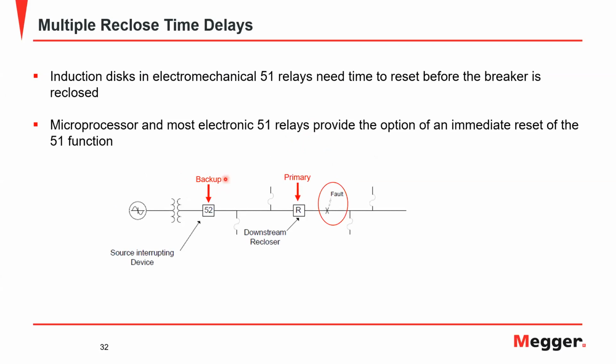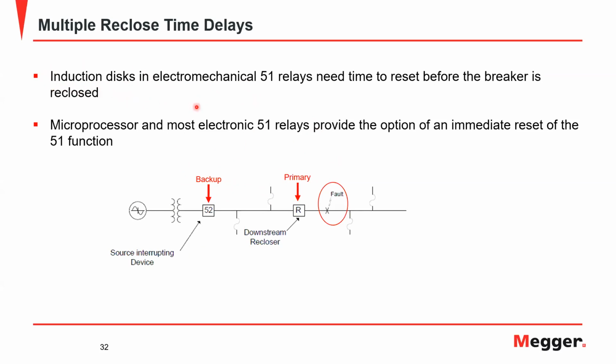Now, throughout history, induction disk relays have been around a lot longer than electronic and microprocessor relays. And I know there are thousands of these still in place today. So when you start looking at how these coordinating factors apply with reclosing, you have to look at the reset time of an induction disk relay if that's what you have installed.